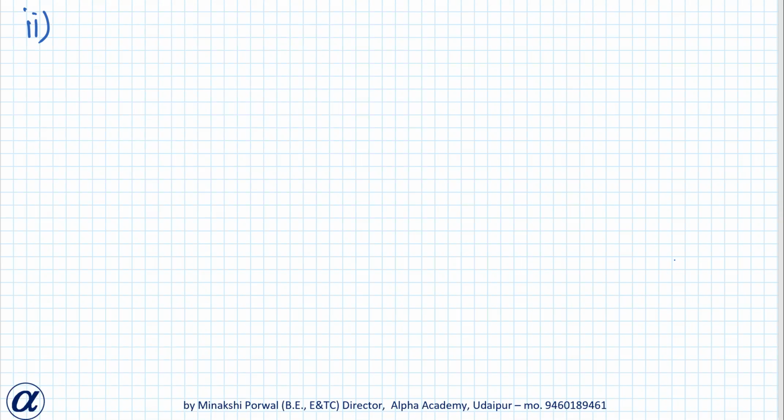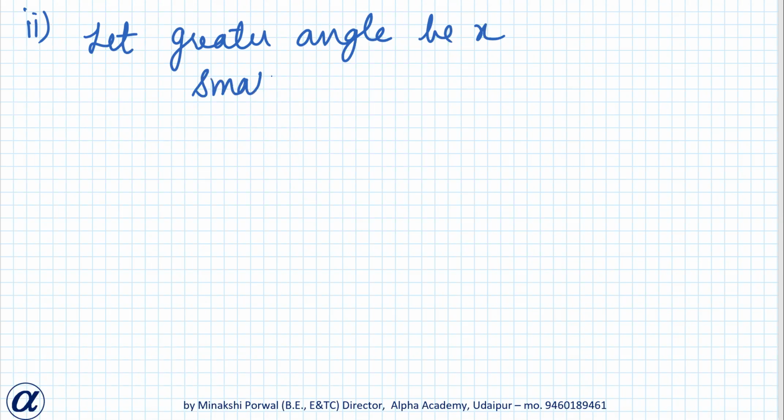The larger of two supplementary angles exceeds the smaller by 18 degrees. Let greater angle be x, smaller angle be y. Can anybody tell if two angles are supplementary, what is the property? Ma'am, the sum will be 180. Yes, their sum will be 180.